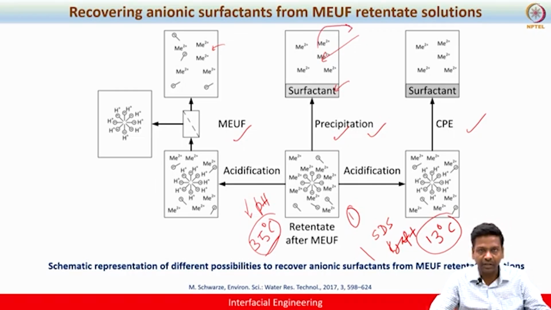The next, last but not least, is going to be the cloud point extraction method. In this case, you have to perform the acidification again, which means that you have to lower the pH so that protons will be generated right around the micelles, which will keep the cations away from the micelles, right?